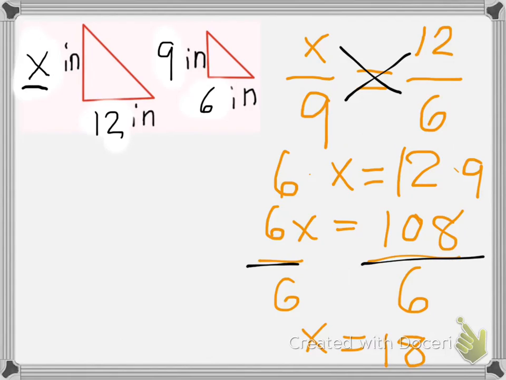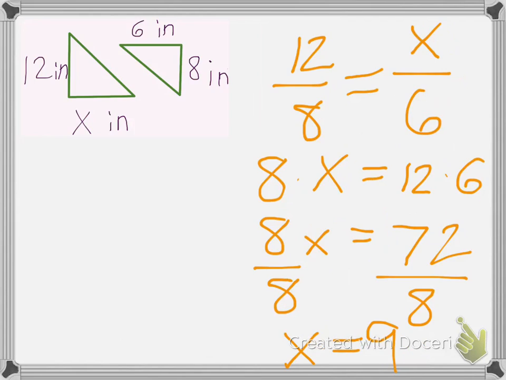So basically, this problem involves ratios and proportions, like we learned in the previous lessons. And in this problem, the larger triangle has a length of 12 inches and a width you do not know. The unknown width is represented by x, and the width of the smaller triangle is actually on top this time.